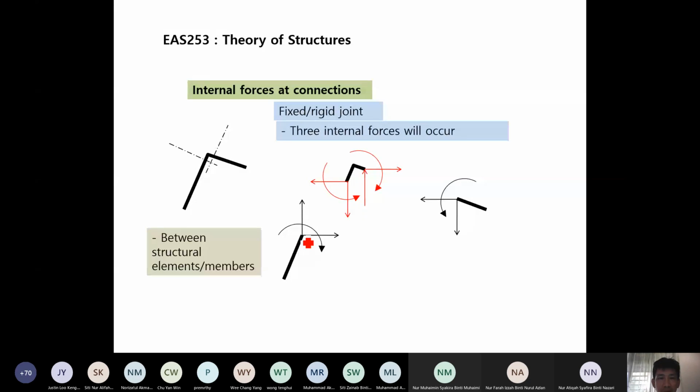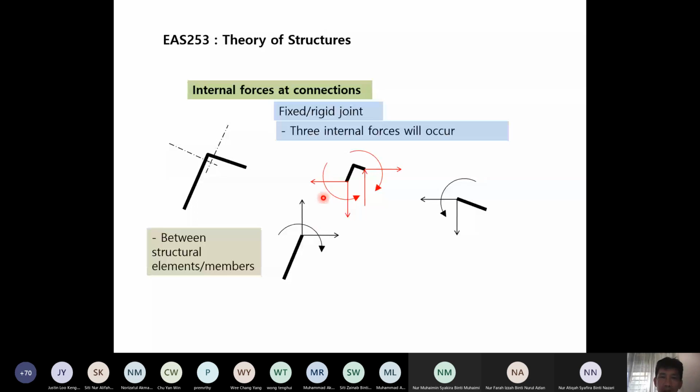Internal forces: this is force, and moment. Again, this and this are in different directions. This moment here is also rotating in a different direction. The rotation is different, but their magnitude is the same.